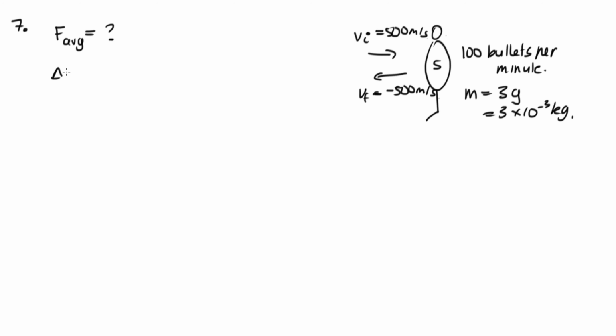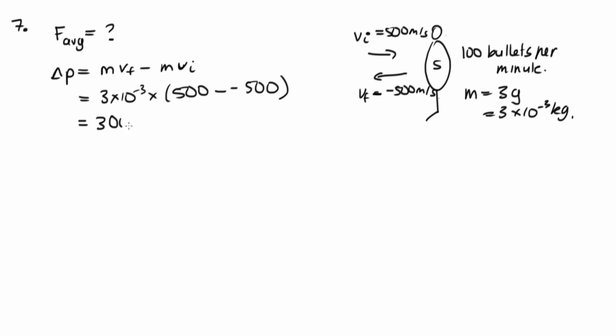So we can calculate the change in momentum of the bullets hitting Superman in 1 minute. So the change in momentum is given by the mass times the final speed minus the mass times the initial speed. And so this is equal to 3 times 10 to the minus 3 times 500 minus minus 500. So these are in opposite directions, so they add together. So this is equal to 300, and this is in 1 minute.